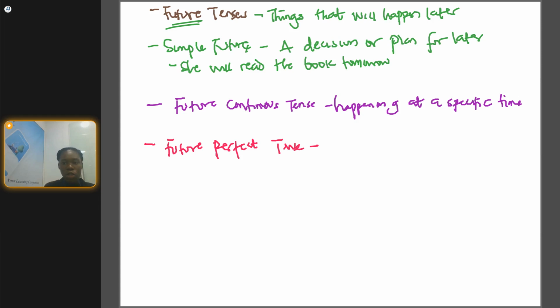And then lastly, we look at future perfect continuous. When you have future perfect continuous, it means you're talking about something that will have been happening for a while before a future time.